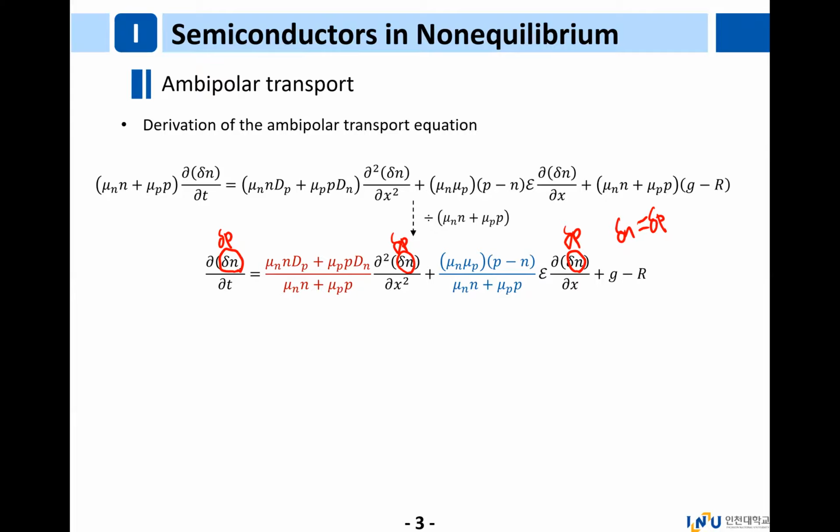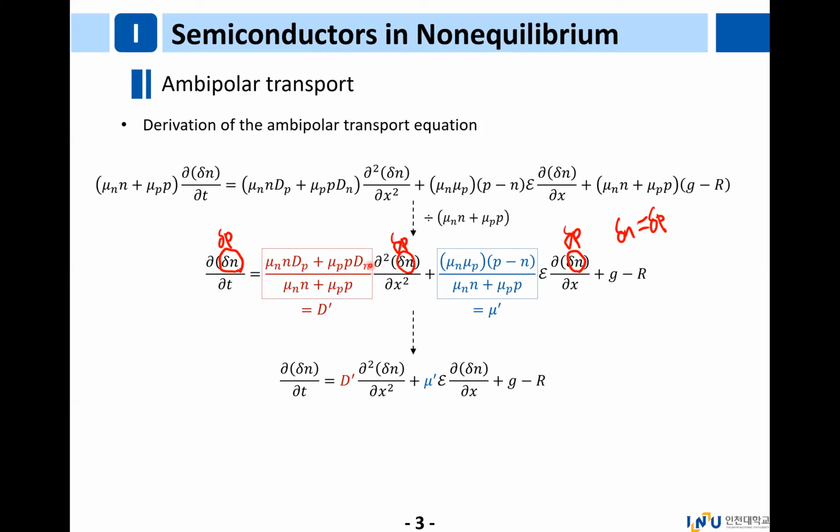And here, D prime represents terms involving the mobility of electrons, mobility of holes, concentration of electrons and holes, and diffusion constants.